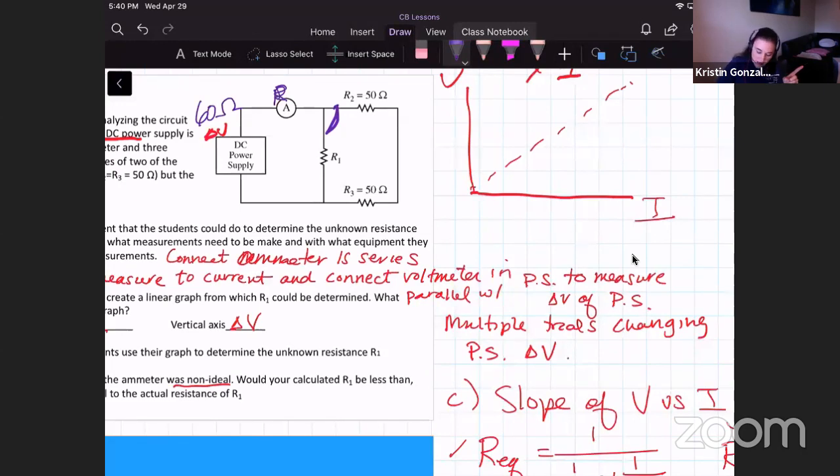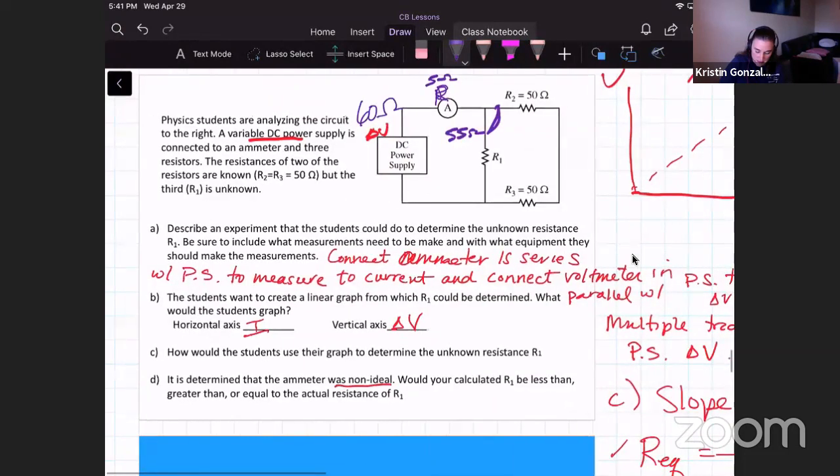But now the amp meter has its own resistance, let's say 5 ohms, even if it's a low resistance. Since it's in series with the battery, the equivalent resistance of just the parallel branch is really only 55 ohms. So the actual would have to be lower, and the calculated one we get would be higher.